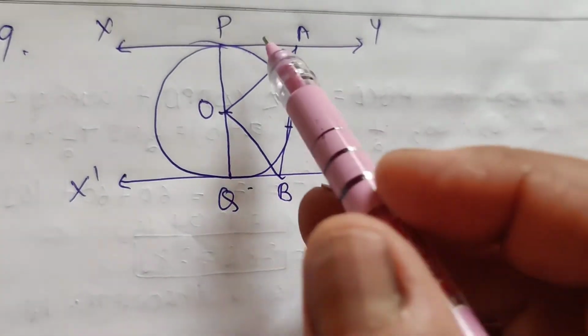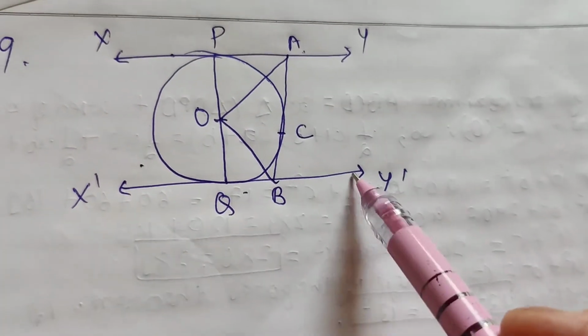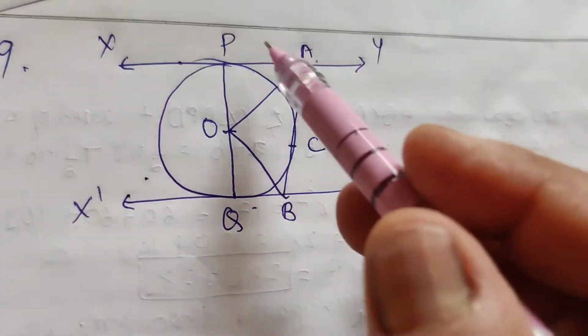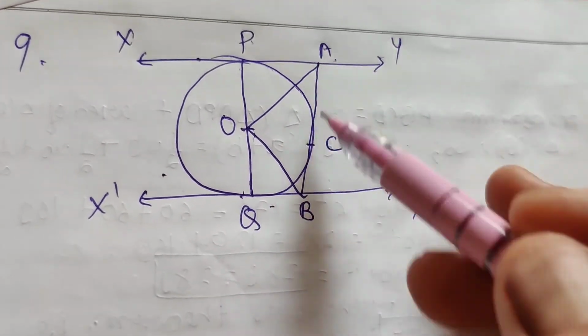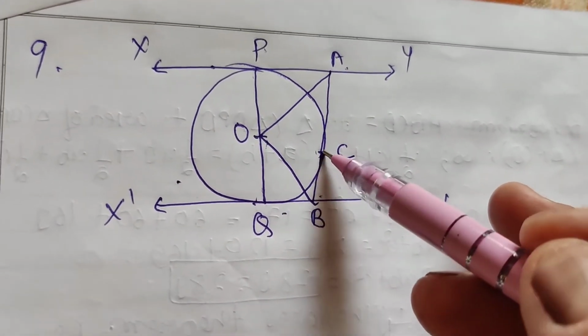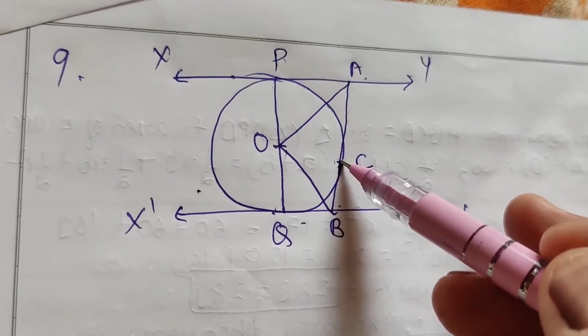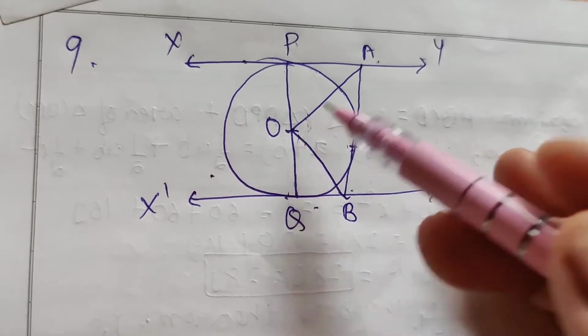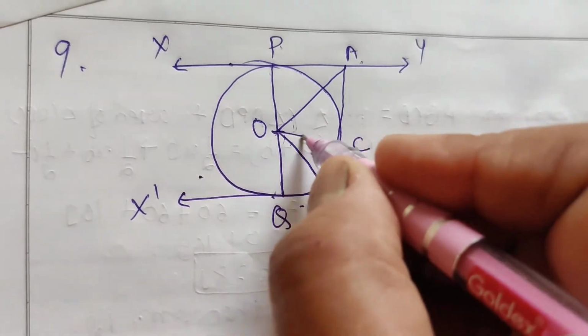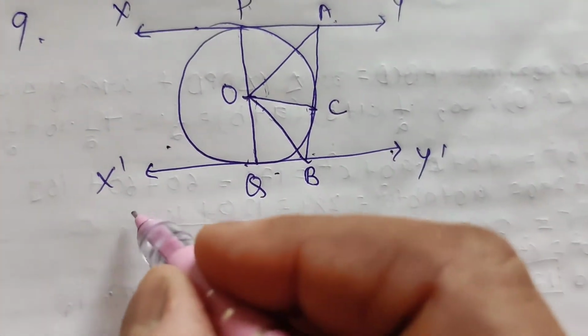This is the figure. XY and X'Y' are two parallel tangents, PQ is the diameter, and AB is a tangent whose point of contact is C. We have to prove that angle AOB equals 90 degrees. First, join OC.